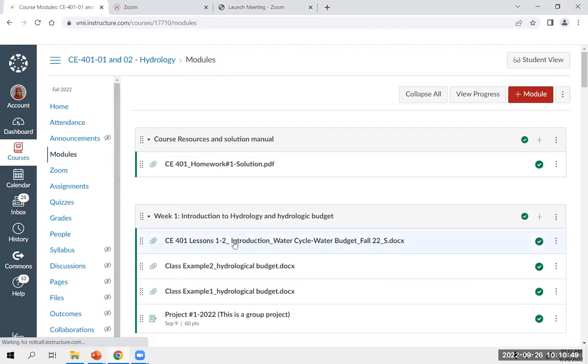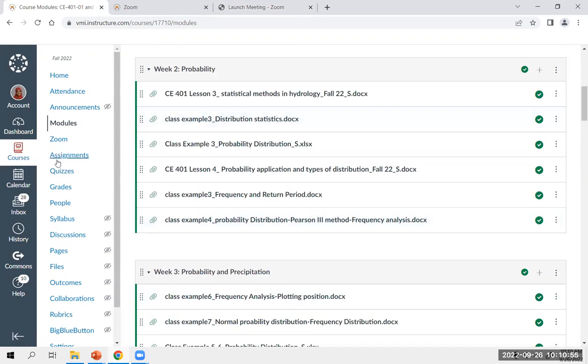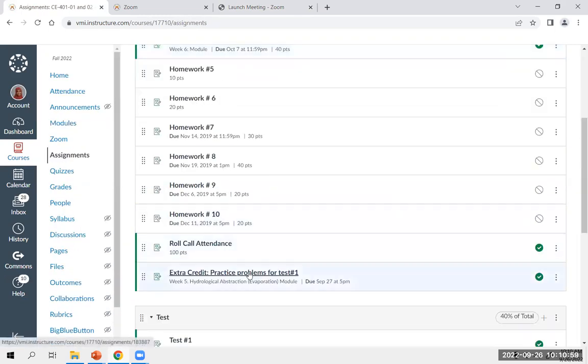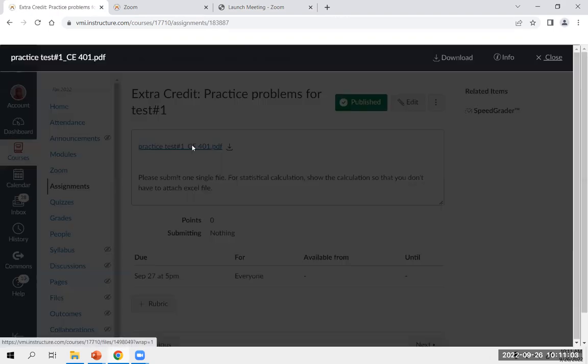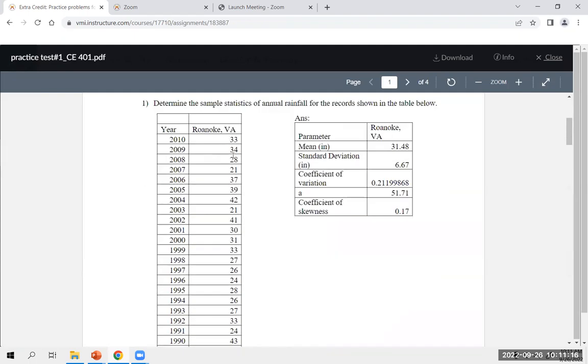Here, practice problem for test 1. So if you just upload that, it has all the tables and everything. And that should be the answer, okay?